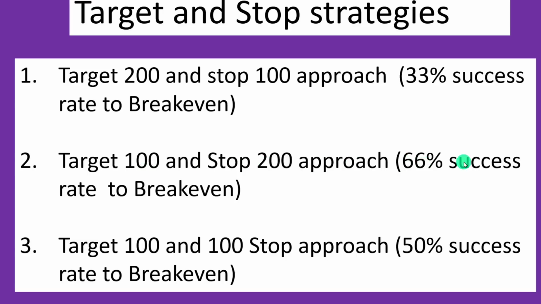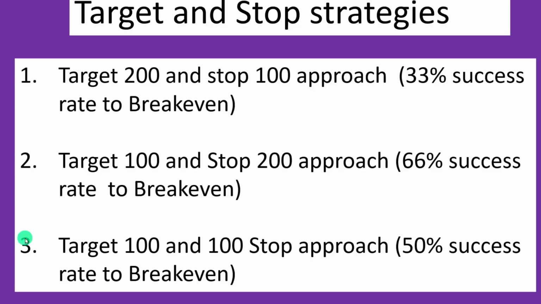You need 66% success rate to break even, because out of 3 deals, you are going to have plus 200 there and minus 200 there. You'll break even. So those are the extremes. And then obviously you have a middle course where the target is the same as the stop and you need a 50% success rate to break even. Okay, so those are the target and stop strategies.